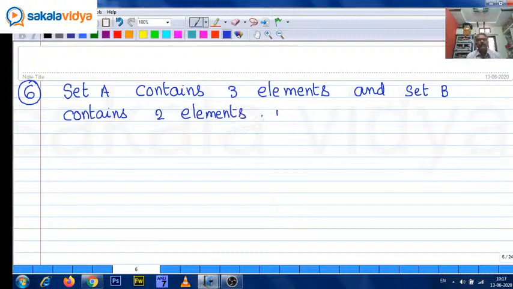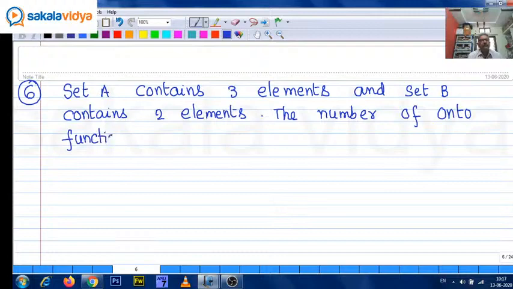The number of onto functions from A to B is, this is the question.